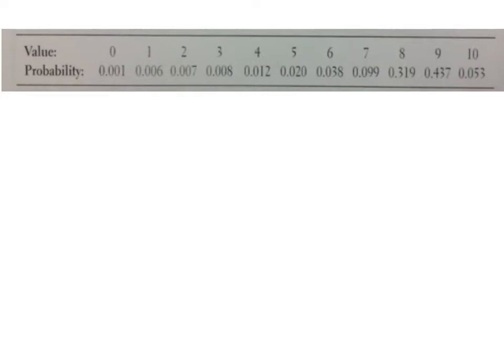Okay, so let's do another example with these Apgar scores. So I've brought the scores back up here with that probability distribution for you. Okay, and so the question that we're going to be answering here is what is the mean of random variable x? Okay, and we're going to interpret that in context here.